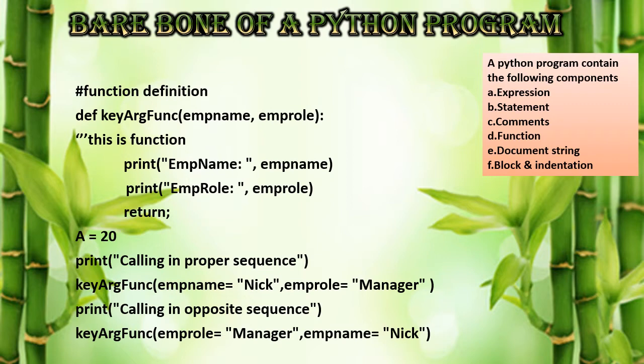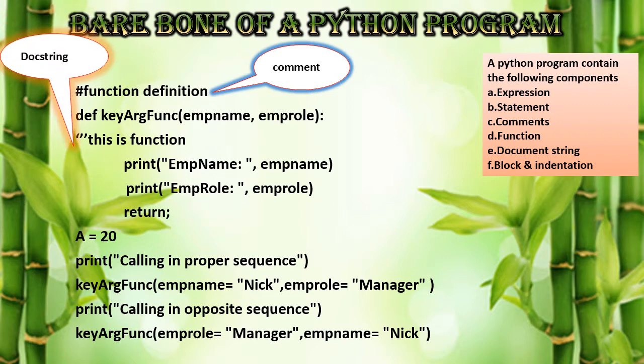So this example has the full components: expression, statement, comments, function, document string, and indentation. Statements that start with a hash symbol are comments. Inside the function definition, the first statement preceded by triple quotes is called a document string.